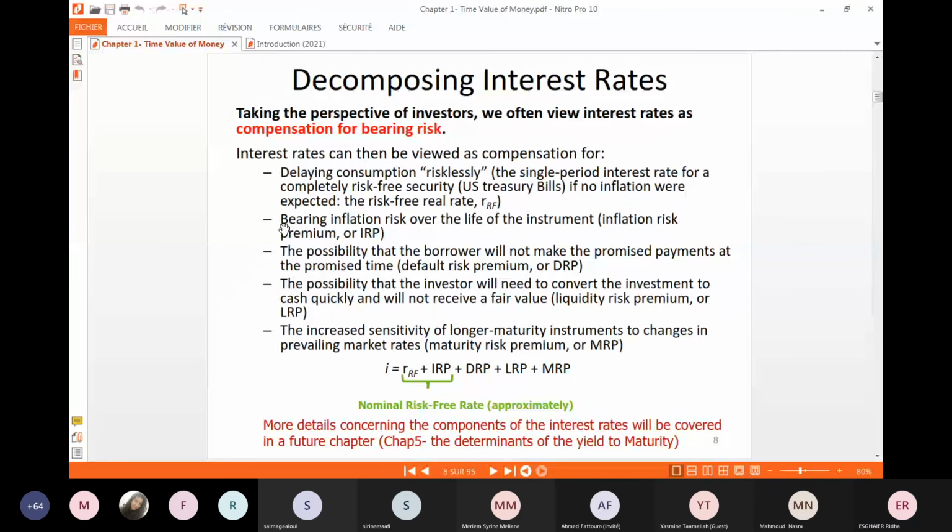Also, a third component of the interest rate, according to the borrower: you will demand an extra return, a compensation for the risk that the borrower will not make the promised payments at the promised time.